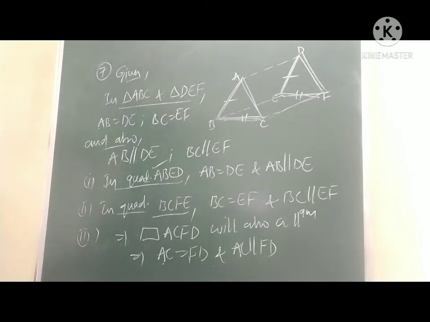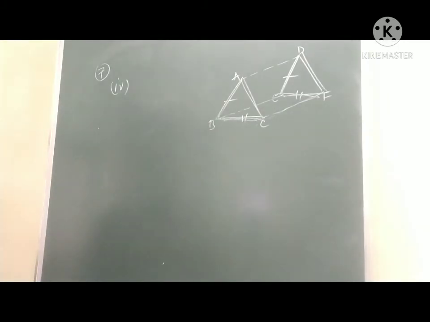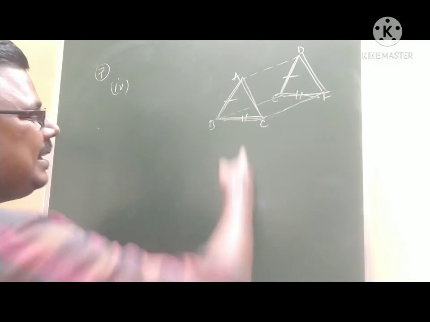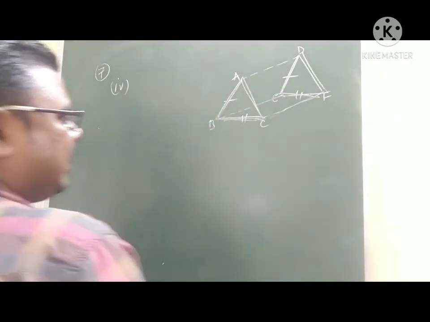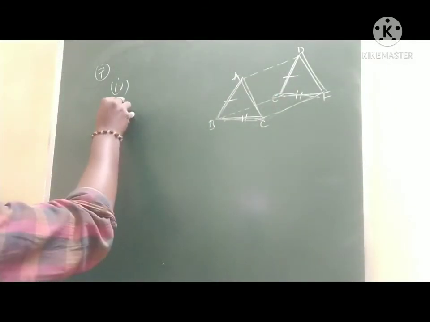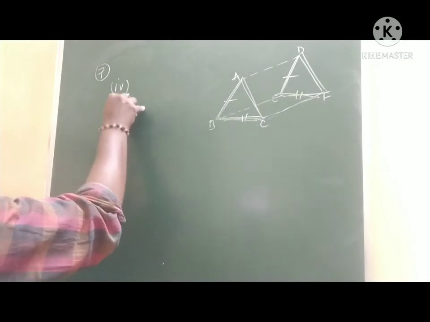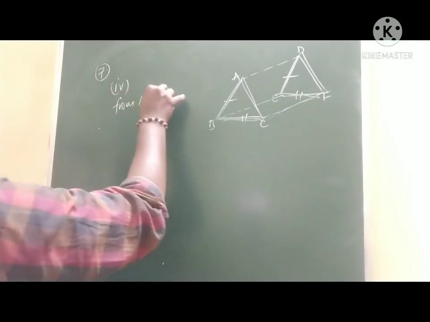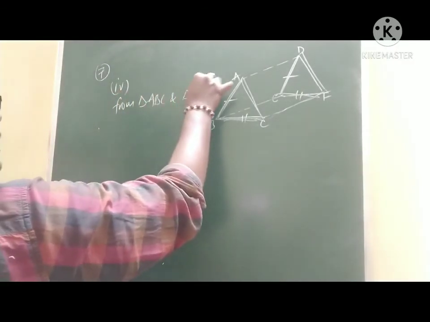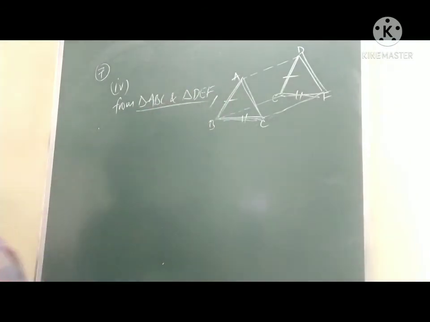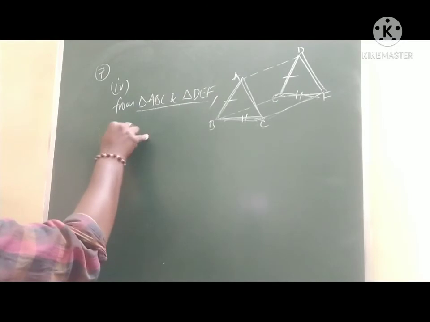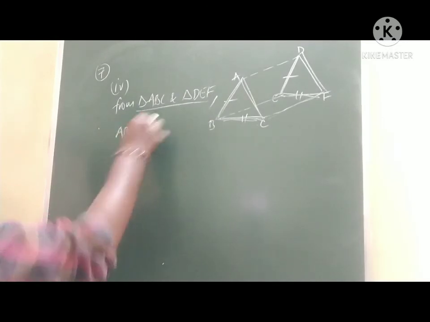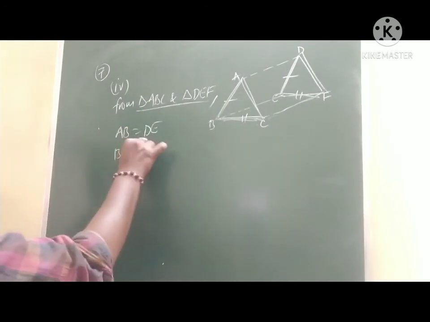Next, in the fourth bit we need to prove that triangle ABC is congruent to triangle DEF. See, from triangle ABC and triangle DEF, we have already been given AB is equal to DE and BC is equal to EF.